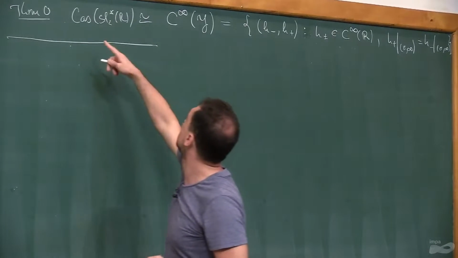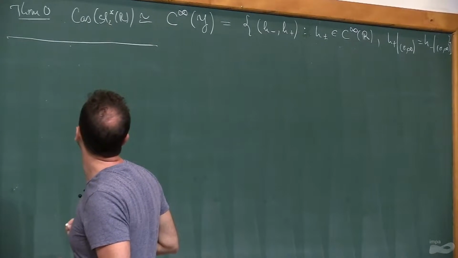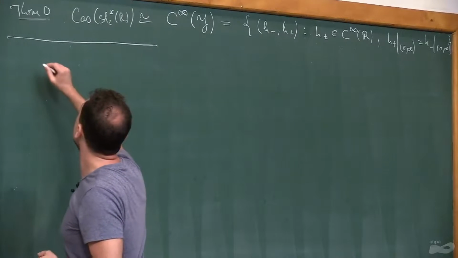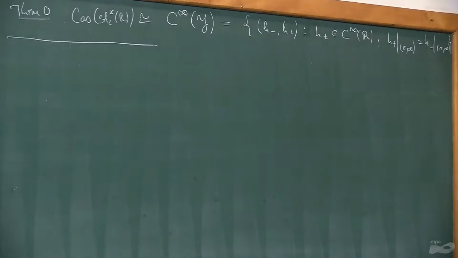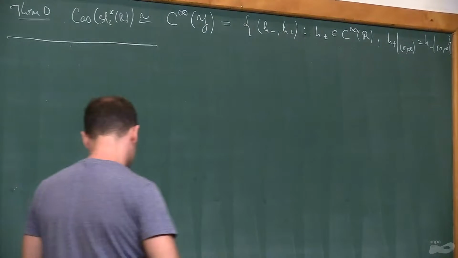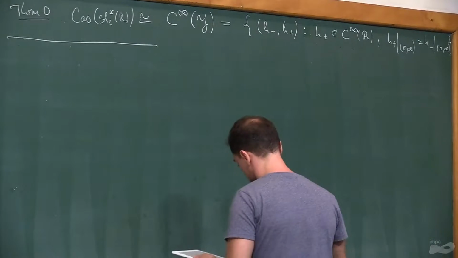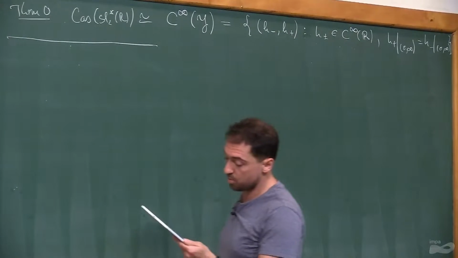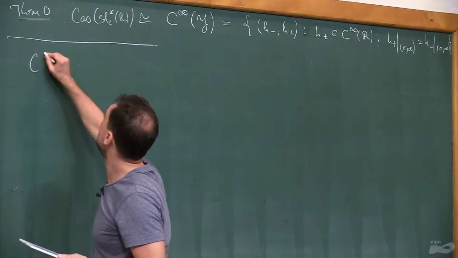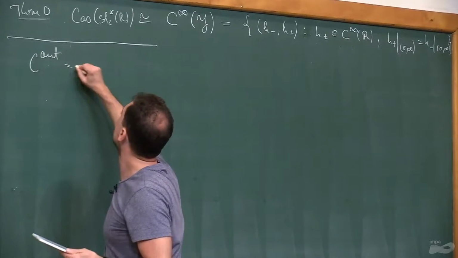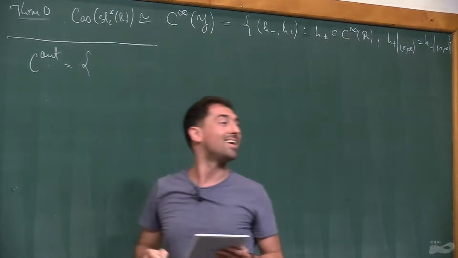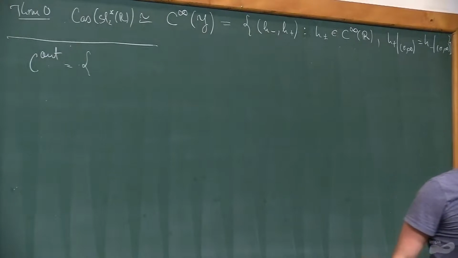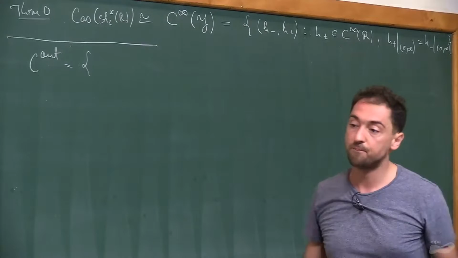I'll use the notation Casimir, and I'll also denote by C out, locally, not globally.